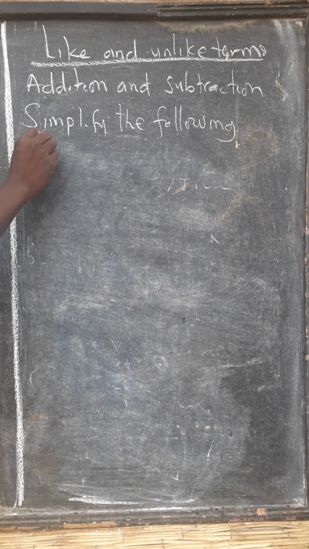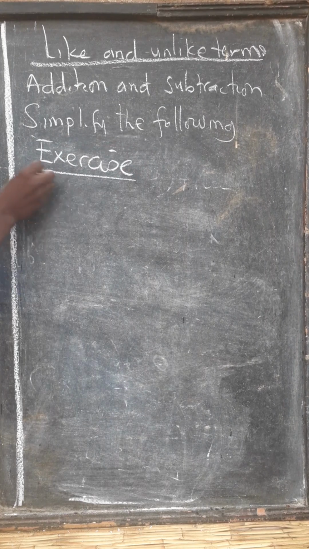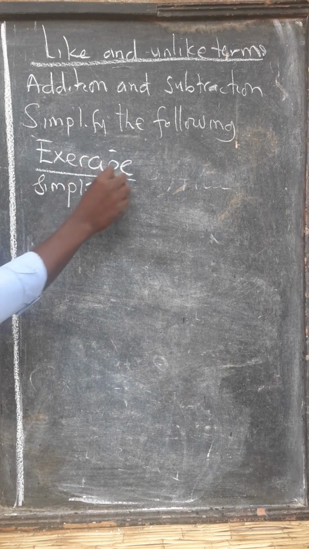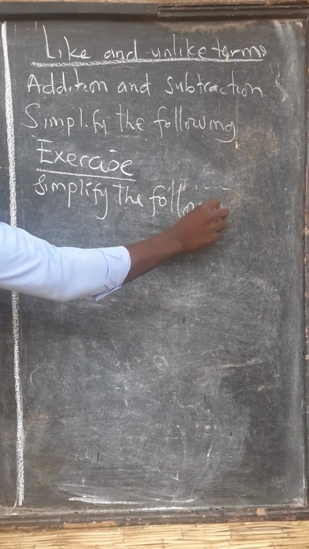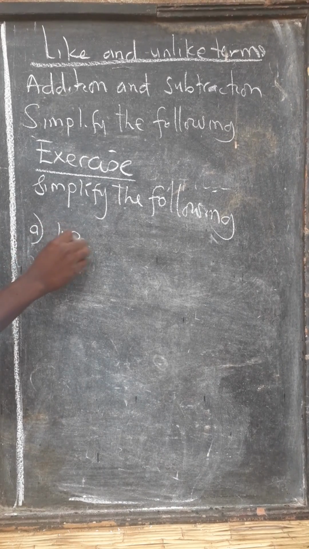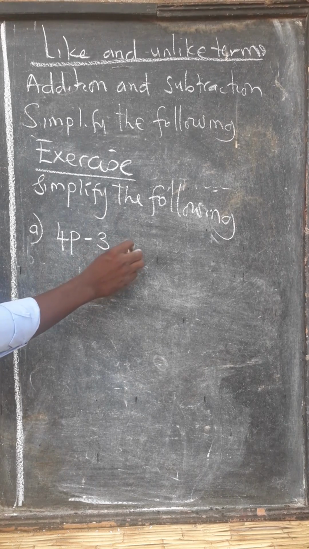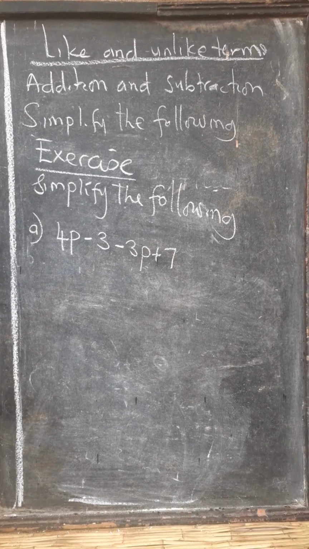All right, so exercise: same thing, simplify the following. Okay, try the following. The first one is 4p minus 3 minus 3p plus 7.